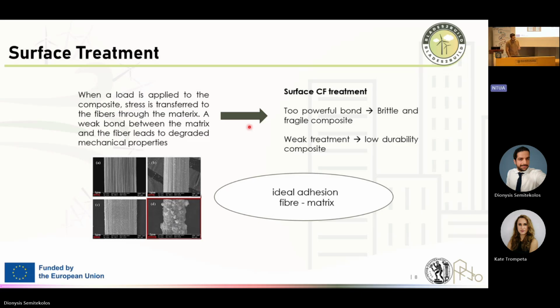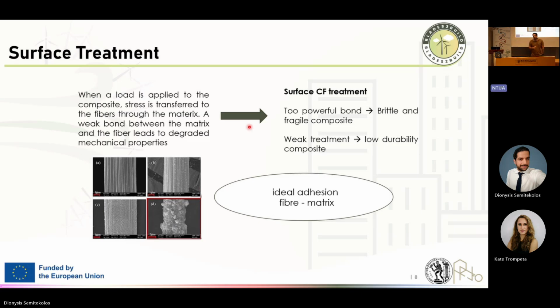Because if we treat for an extensive time, then we can damage the fiber surface, and this will lead us to a fragile composite. It will fail earlier than it would without altering the fiber surface.